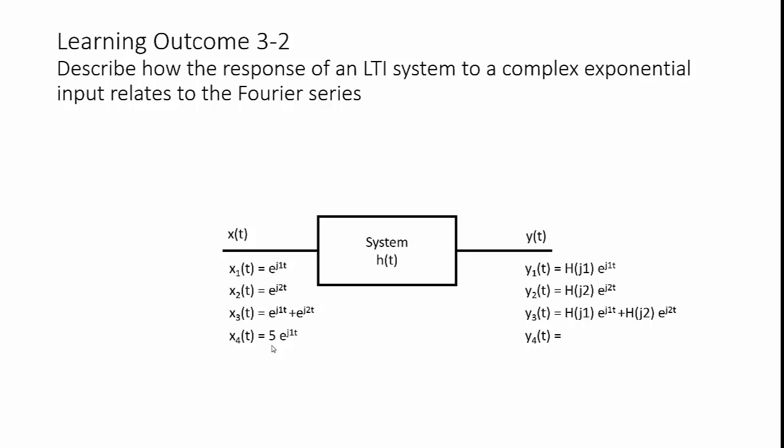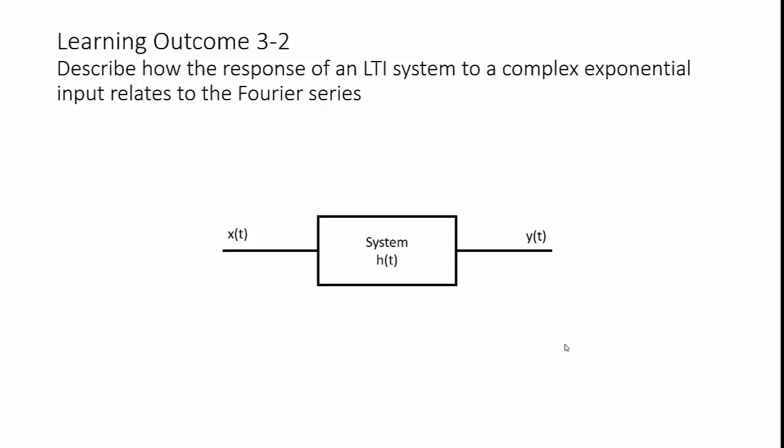Again, think back to learning outcome 1.4, the exercises we did there. It's going to be that same output we had for that first input, but now scaled by that constant 5.